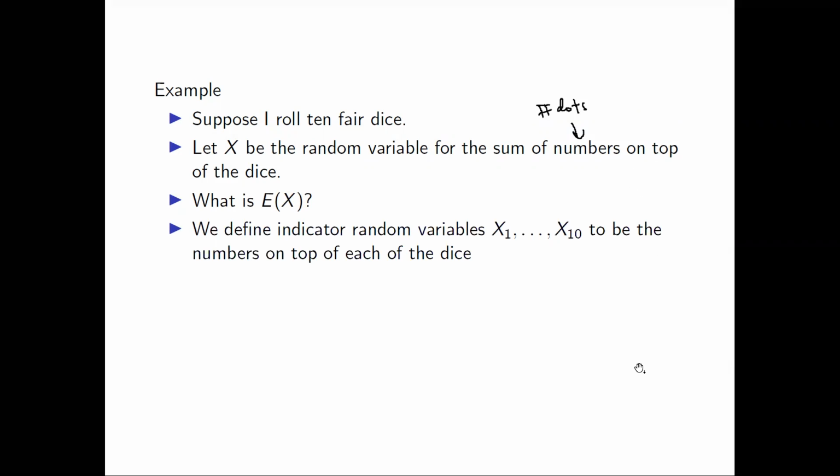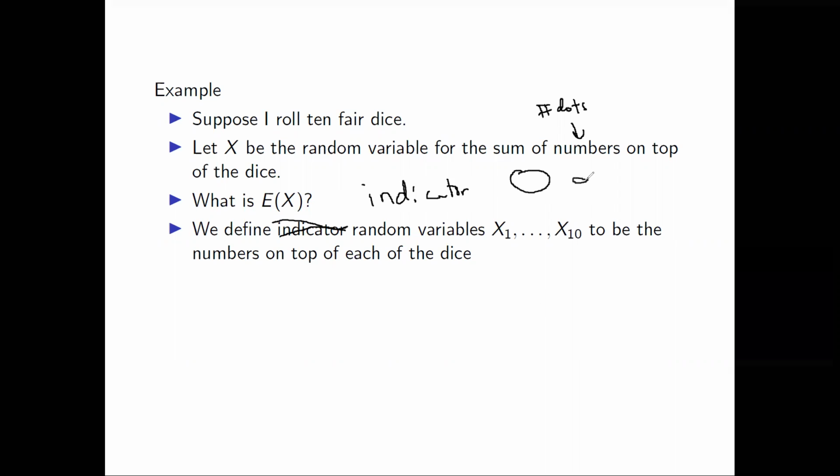So we'll define random variables x1 up to x10. And these are not indicator random variables, so that's a typo. Indicator means they take on values 0 or 1. So that's an unfortunate copy-paste typo.